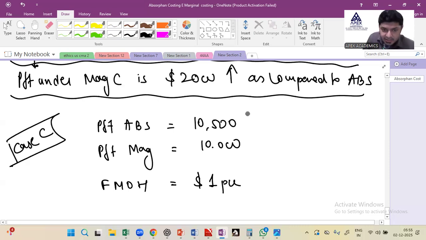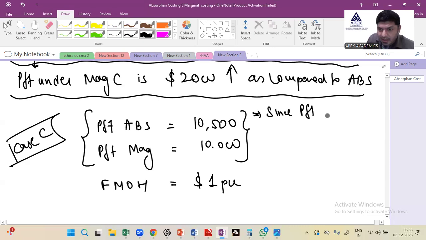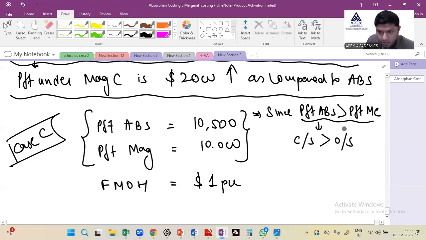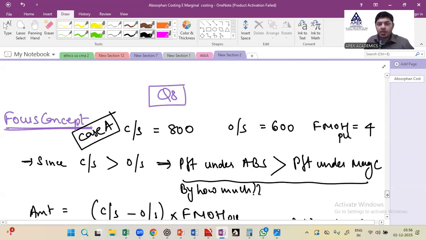You are supposed to read this and clearly understand in your head over here that since the profit under absorption costing is more than the profit under marginal costing, obviously the closing stock has to be higher than the opening stock. This is what you are supposed to link over here from your learning.